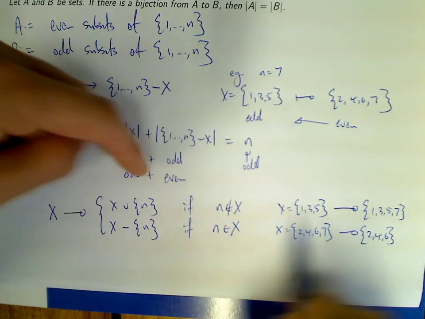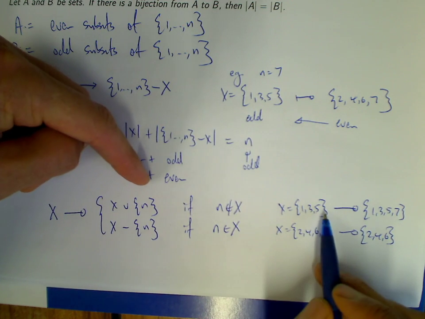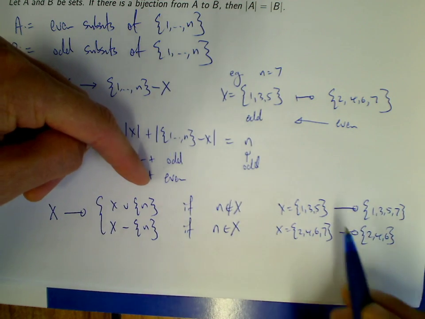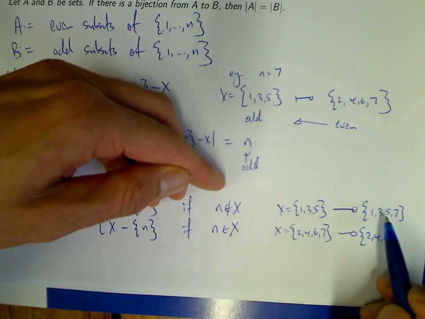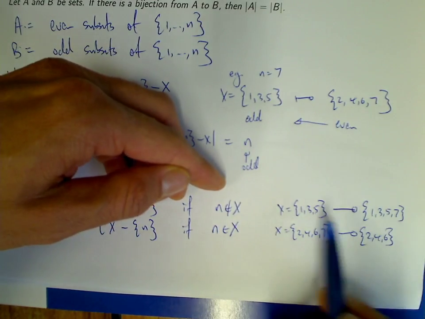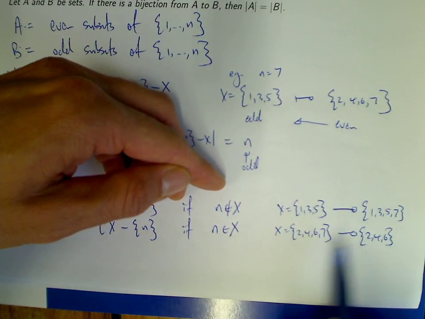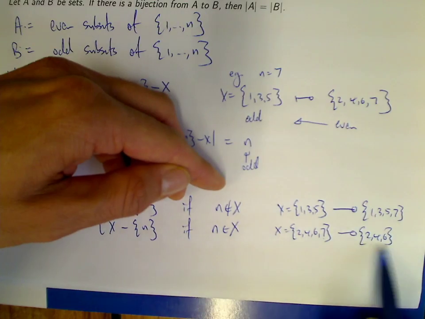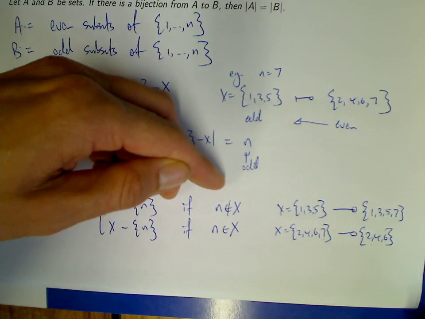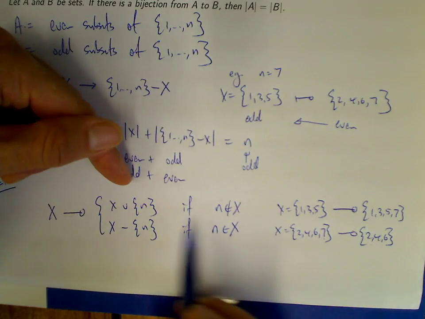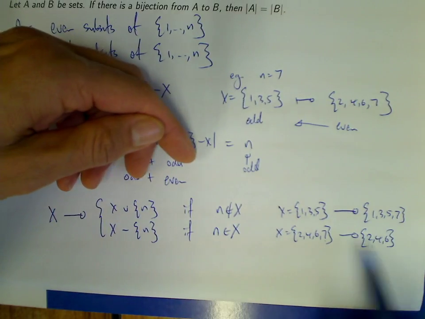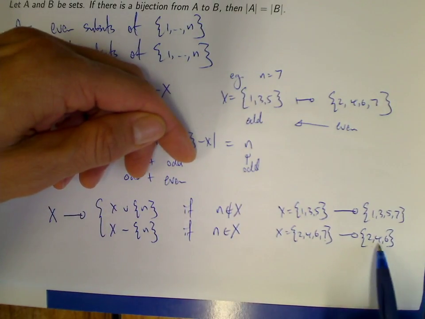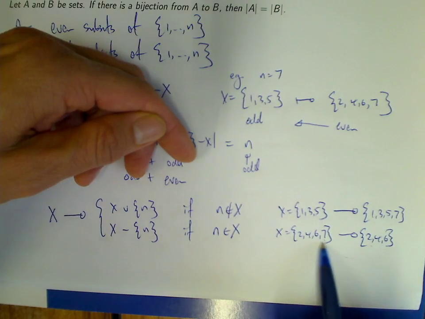And you can see that because I'm adding one element or taking one element out, I'm going to change the size by 1. So an odd set is going to become an even set, and an even set is going to become an odd set. Here we went from size 3 to size 4. Here we went from size 4 to size 3. And this is reversible because here my map tells me 7 is not in here, so it says to put it in, and so I end up coming back to here.